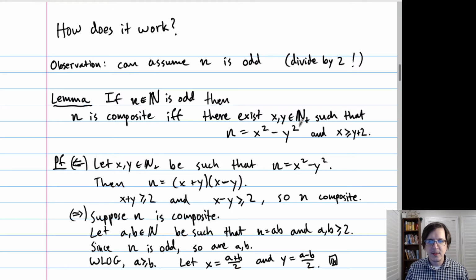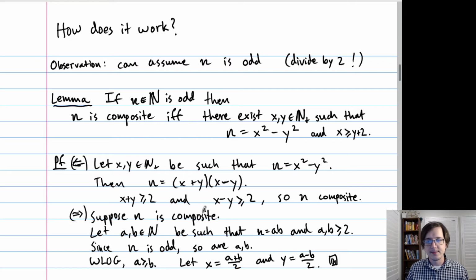We assume that we've got a solution of that type. Then the important thing to note is that x squared minus y squared factors as x plus y times x minus y. And since we've assumed that x minus y is greater than or equal to 2, we have a factorization with 2 factors greater than or equal to 2.